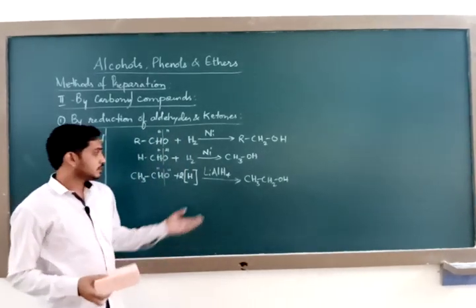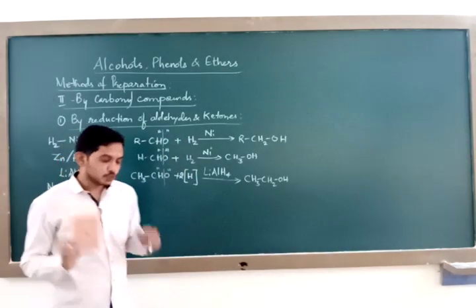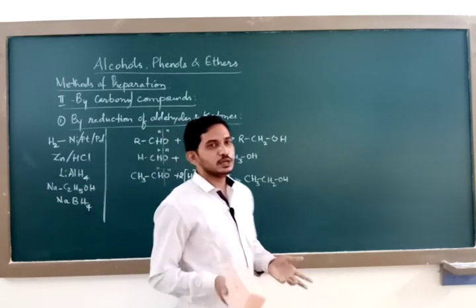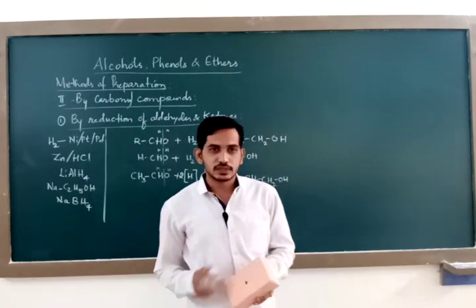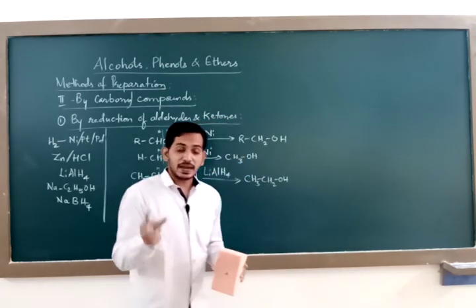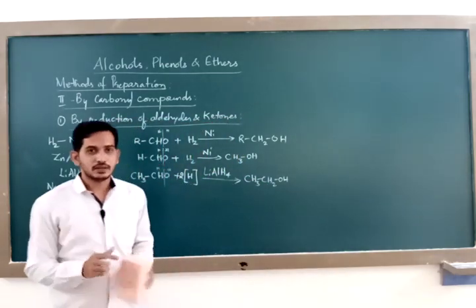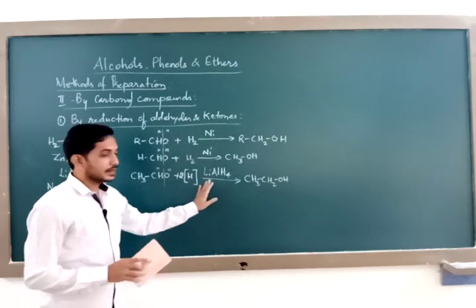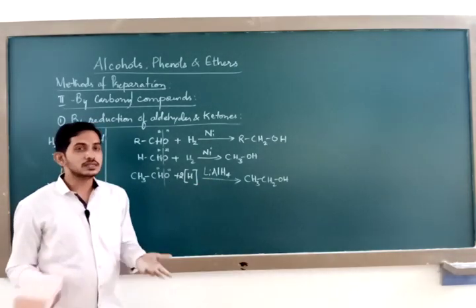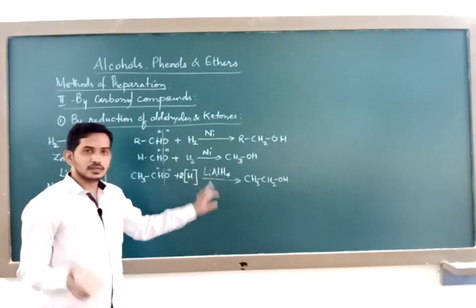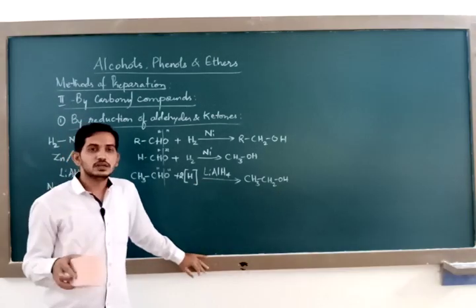Theoretically, this reaction is okay, but you should remember that lithium aluminum hydride is quite a costly reducing agent. For this reason, at laboratory level, writing or practicing this is fine, but at large scale, at industrial level, this reagent is generally not used because of its cost.